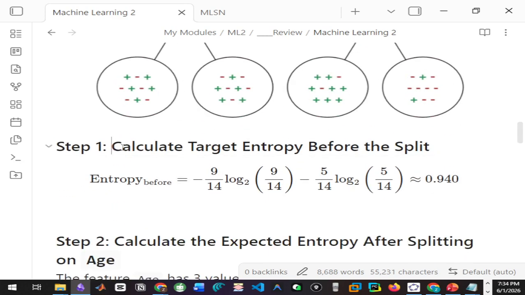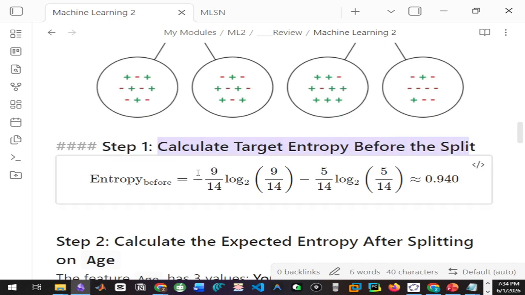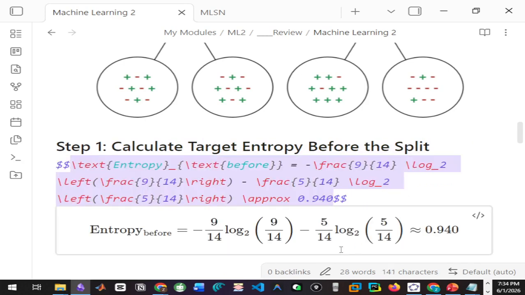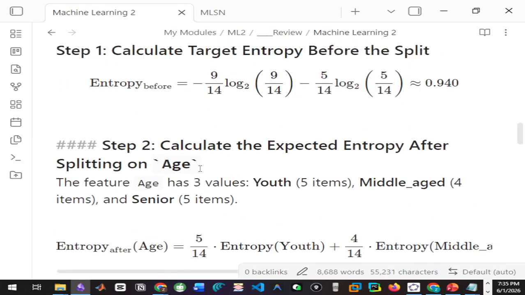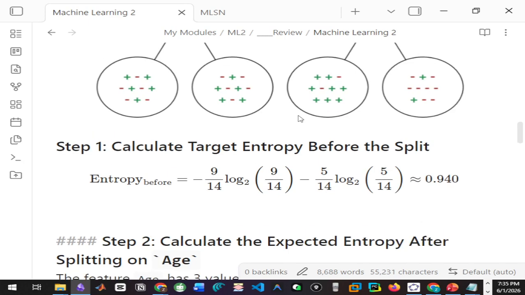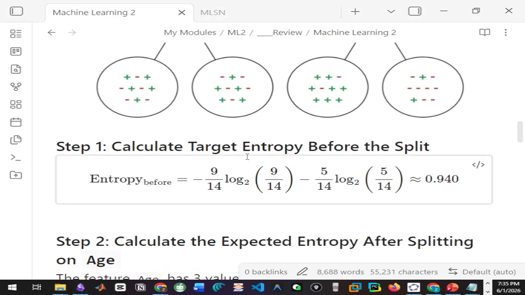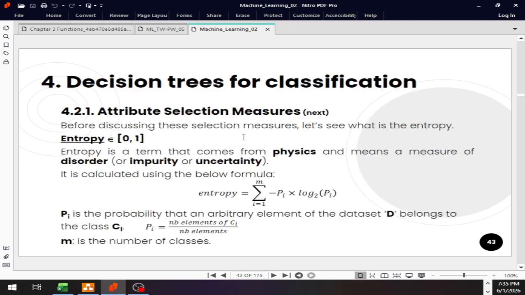We start by calculating the entropy of the dataset before the split, and you already have the formula for calculating the entropy.